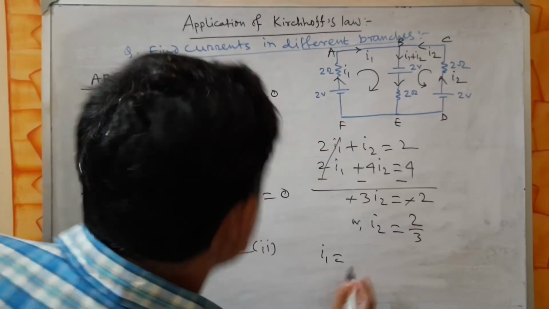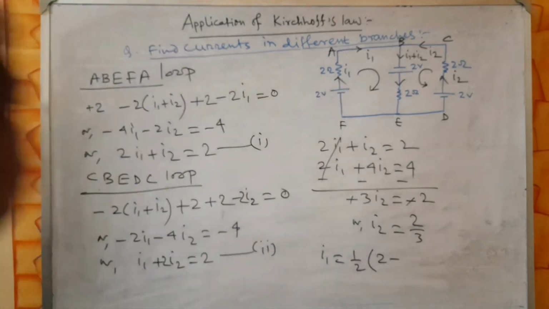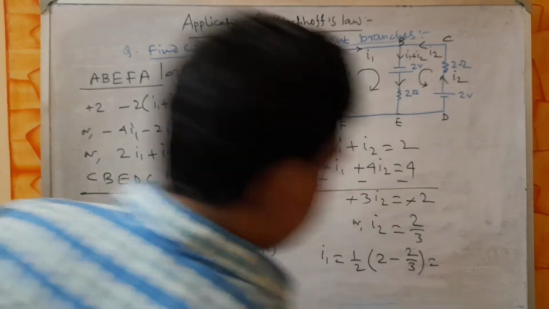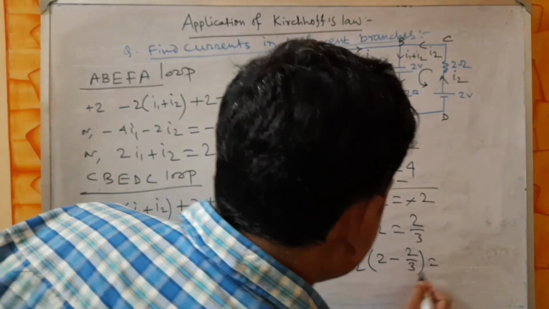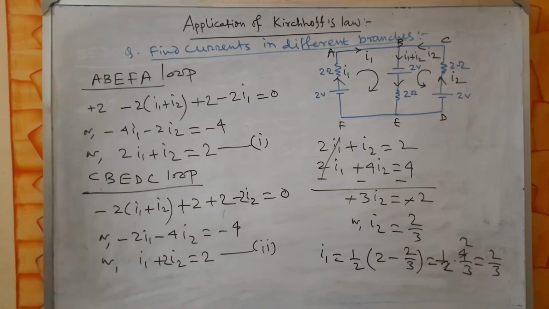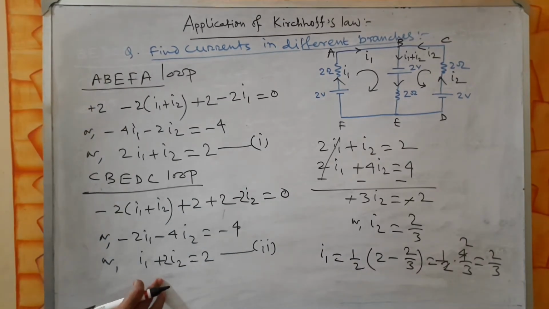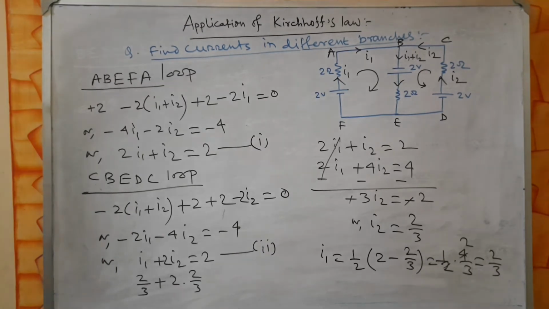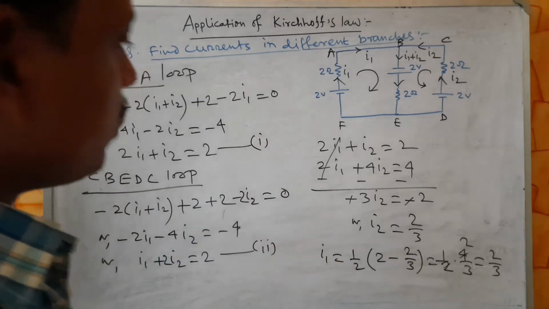Then I1 is equal to half of 2 minus I2, which is 2/3. Substituting, the values of I1 and I2 satisfy both equations 1 and 2.